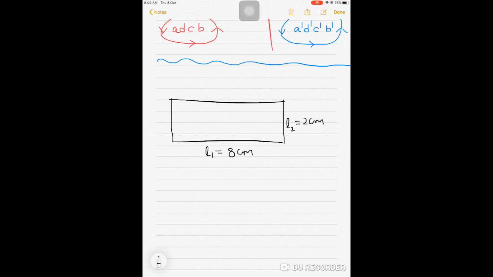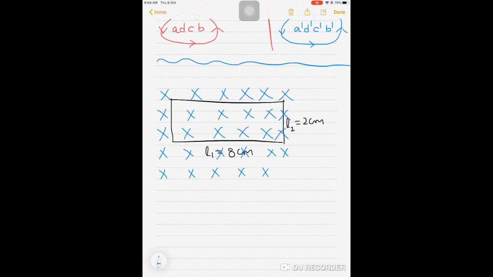So here we are given a magnetic field with value 0.3 Tesla. This we will consider as a uniform magnetic field. Here we will consider it in this way. This is a uniform magnetic field.